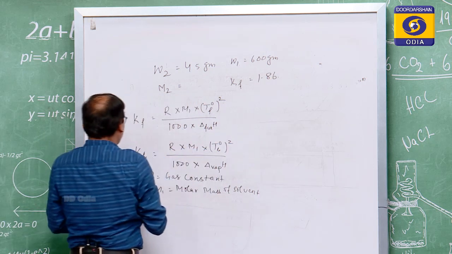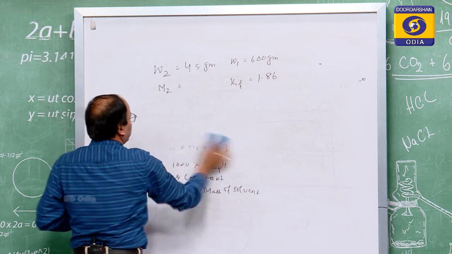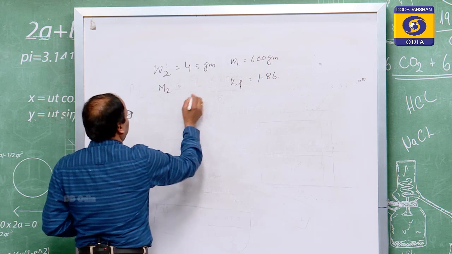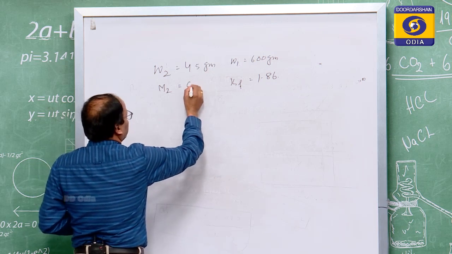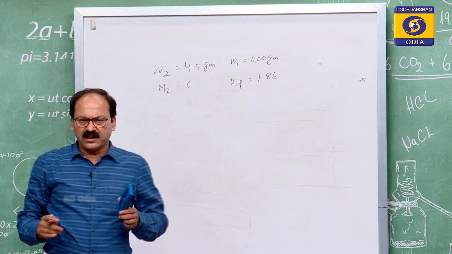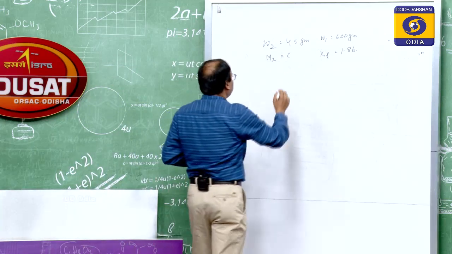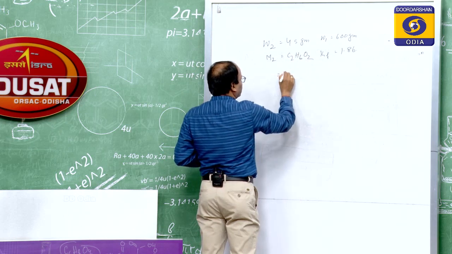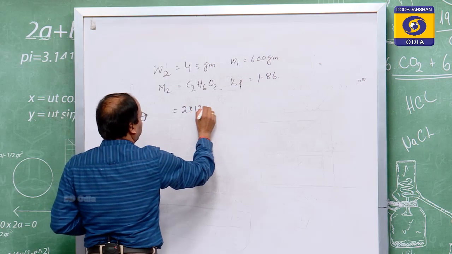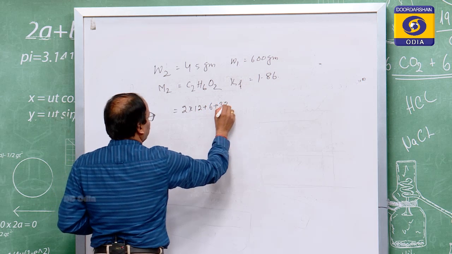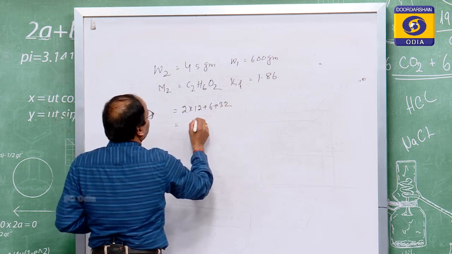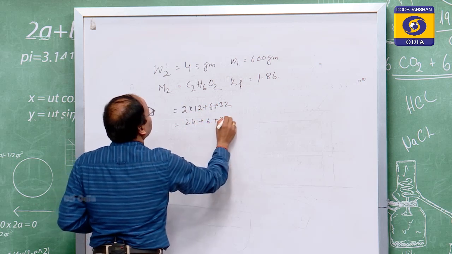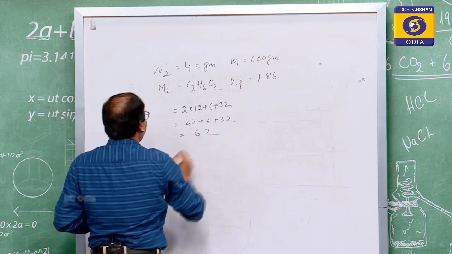Now, we will apply this to calculate the depression in freezing point. The ethylene glycol is C2H6O2. So, you find out the molecular mass: 2 into 12 plus 6 plus 32, that is 24 plus 6 plus 32, it will be 62. Then what is the formula?